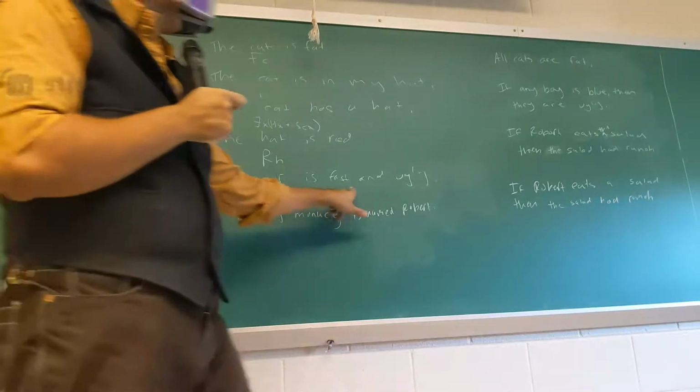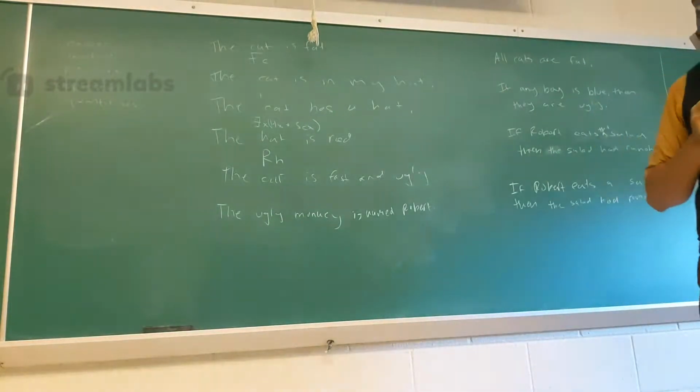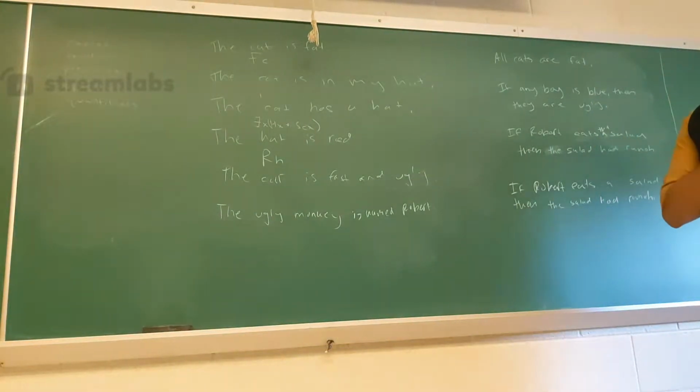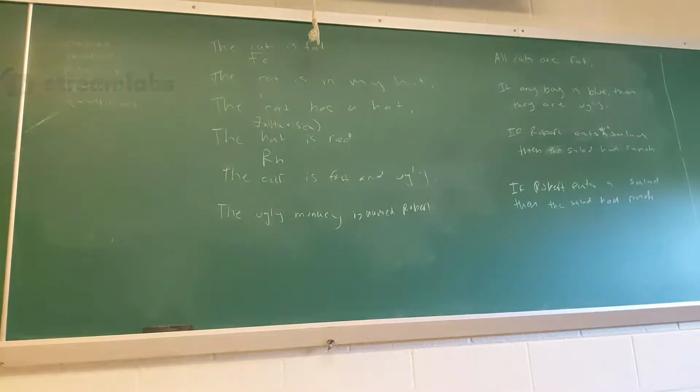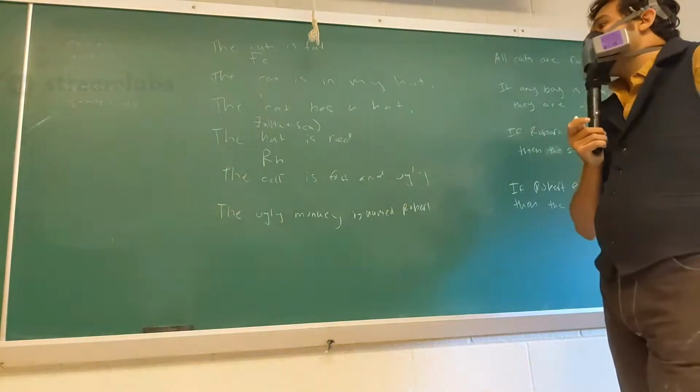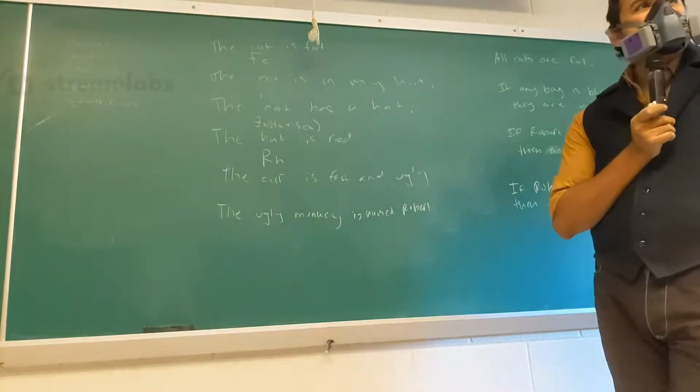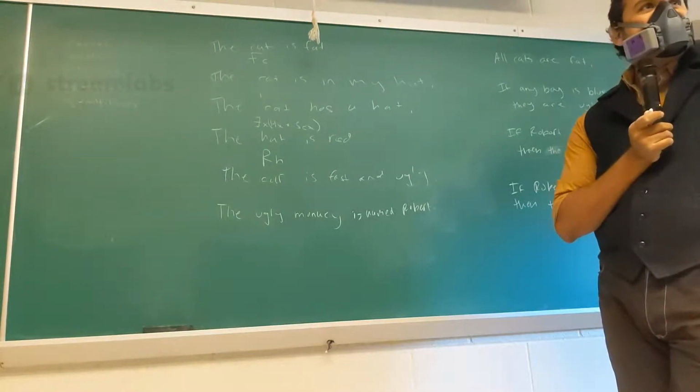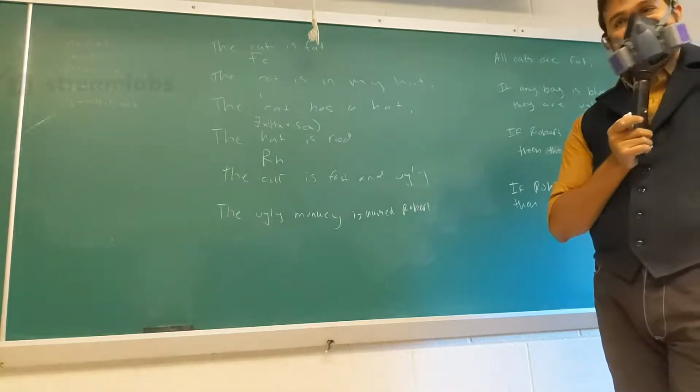Okay, the car is fast and ugly. The car is fast and the car is ugly. Ask yourself this: particular or general subject? It's particular, the car, right? What are its two properties? Being fast and being ugly, good.